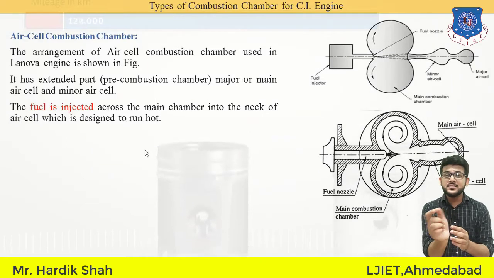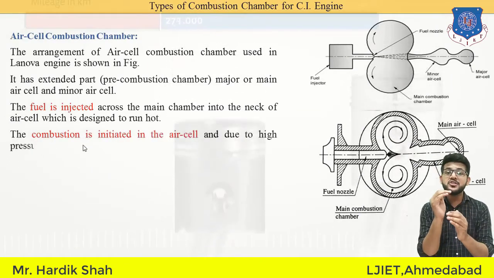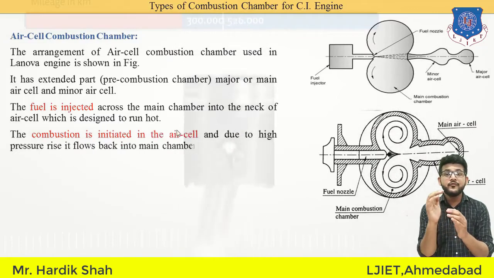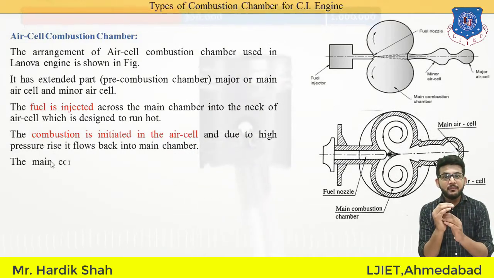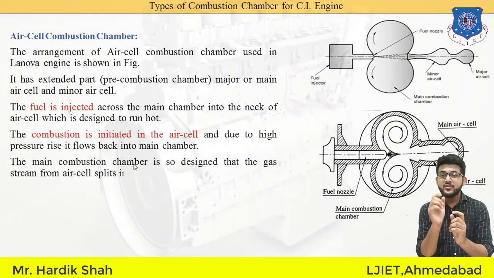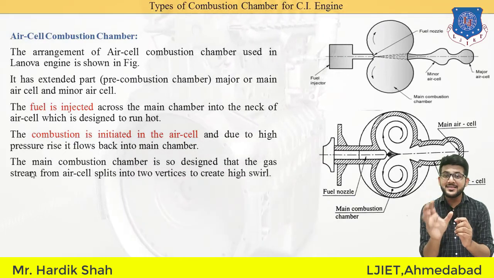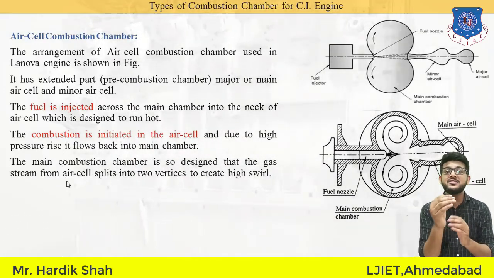So what is happening there? The combustion is initiated in the air cell, and due to the high pressure rise, it flows back into the main chamber. The main combustion chamber is now designed in such a way that the gas stream from the air cell splits in two vortices to create the high swirling conditions.